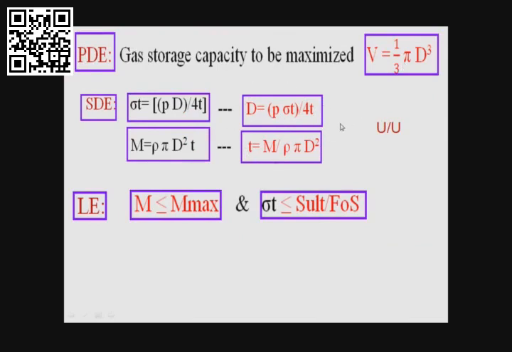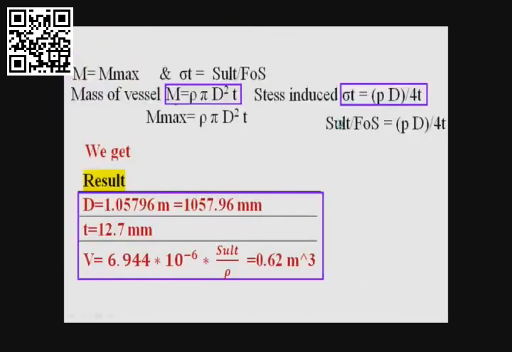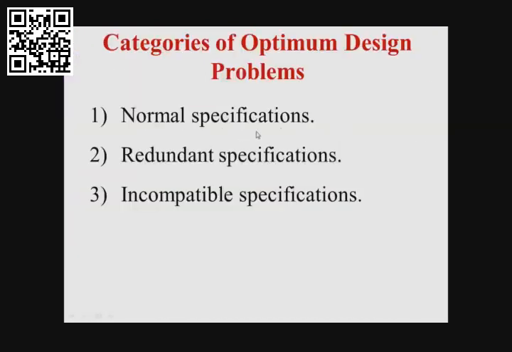If we are able to substitute the secondary design equations in the primary design equations, then it is called normal specifications. Suppose we are not able to substitute secondary design equations in primary design equations, then it is called the redundant specifications optimization problems.